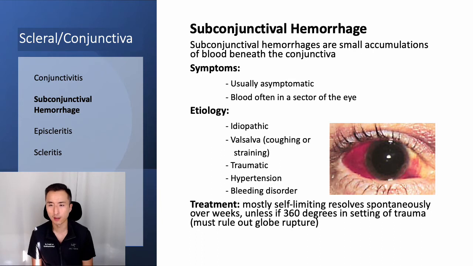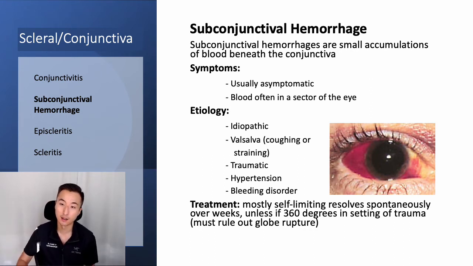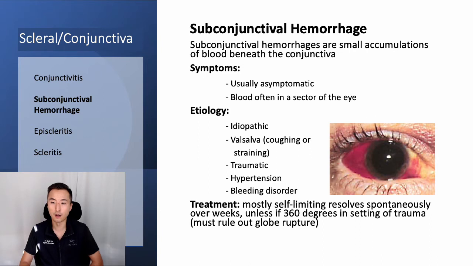If it's recurrent and it seems a bit strange how this happened just spontaneously, maybe ask about bleeding disorders, because that's another diagnosis you could make in the eye clinic that has large systemic implications. And so I would add that to your list of things to ask in these cases, because even though overwhelmingly this is going to be benign and very straightforward to manage, in those rare cases where you find something by asking these questions, you'll pat yourself on the back, and it's part of a thorough assessment.